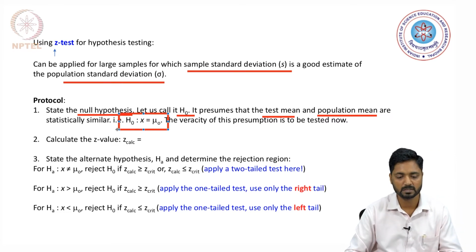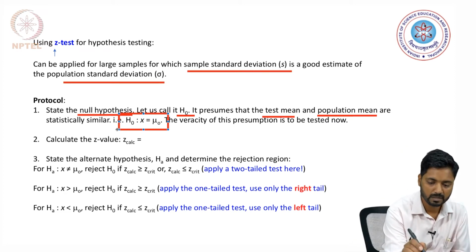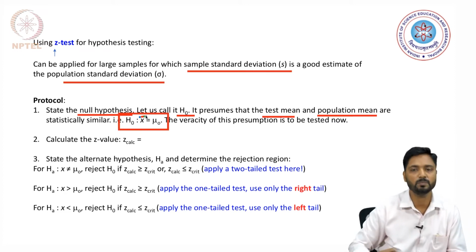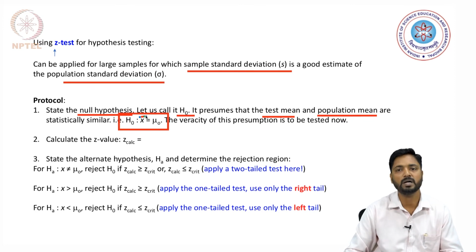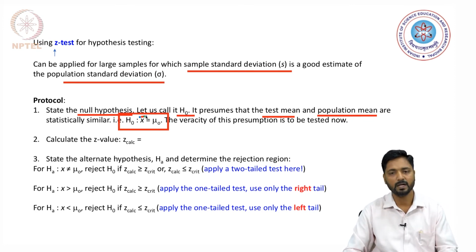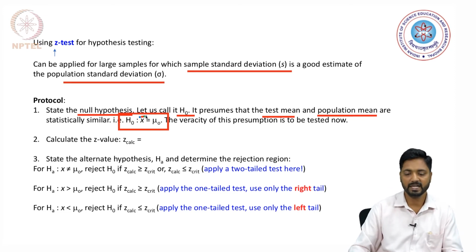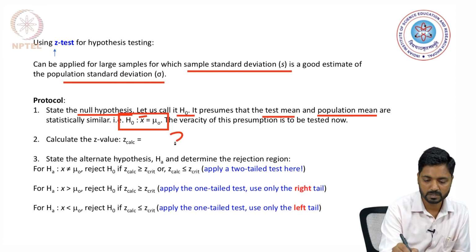H naught is x bar, to indicate that it is a mean, is equal to mu naught. X bar is the sample mean and mu naught is the population mean. Now we calculate the z value based on the data available to us.